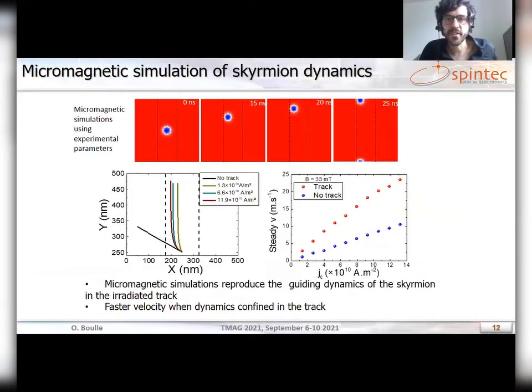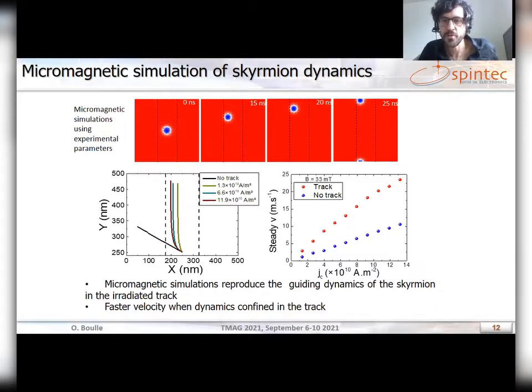To better understand these results, we carried out micromagnetic simulations using experimental parameters, and the simulations reproduce the observed guiding of the skyrmion dynamics in the track. In the first few nanoseconds, the injected current leads to a skyrmion motion along the track direction, as well as a transverse motion towards the edge induced by the gyrotropic force.